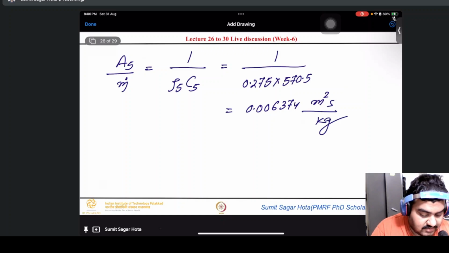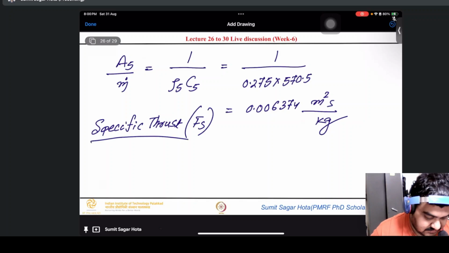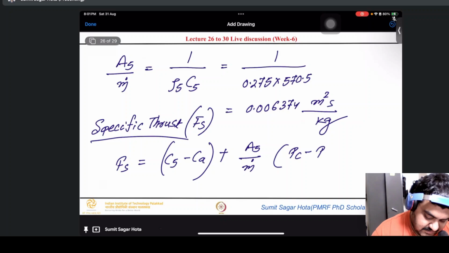Now you have to calculate the specific thrust, Fs. Fs is equal to C5 minus Ca, plus A5 divided by m dot into Pc minus Pa. C is the critical and a is the ambient condition.